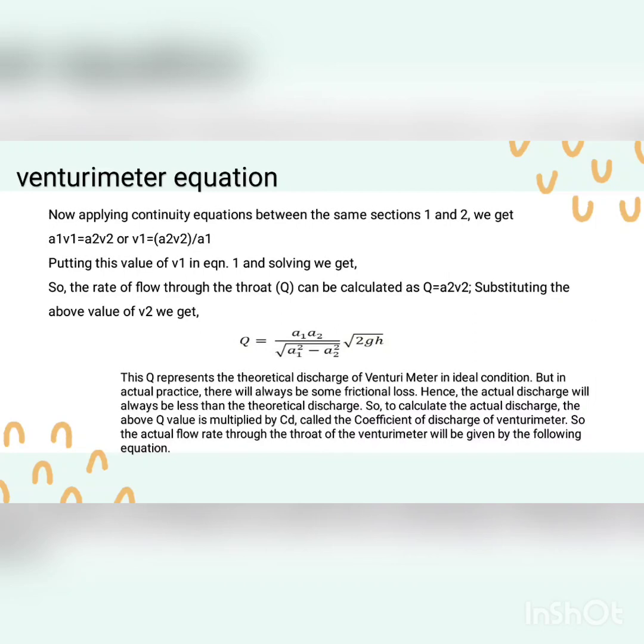Hence, the actual discharge will always be less than theoretical discharge. So, to calculate the actual discharge, the above Q is multiplied by Cd, called the coefficient of discharge of Venturimeter.